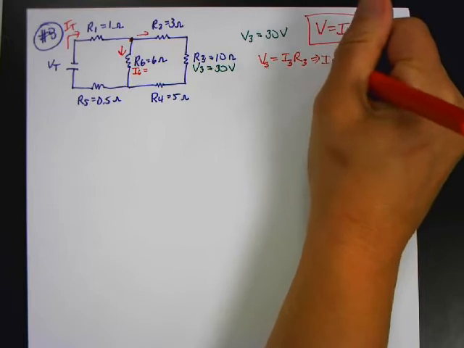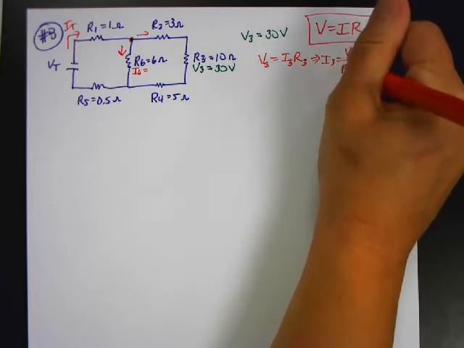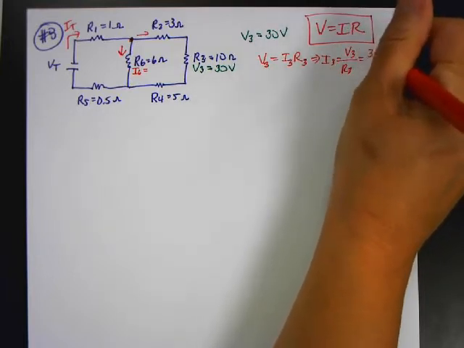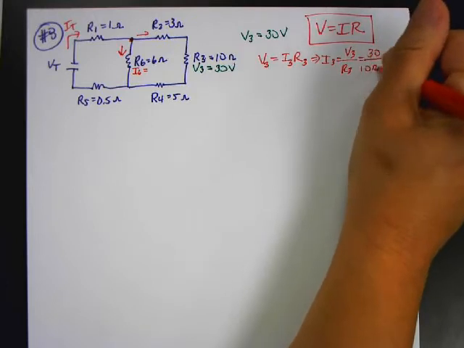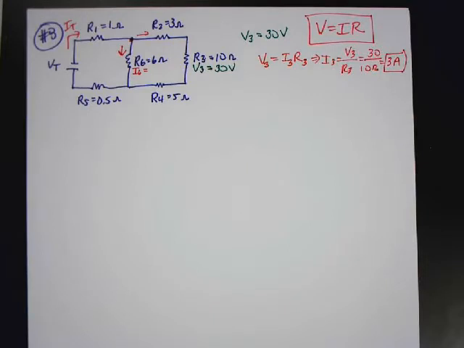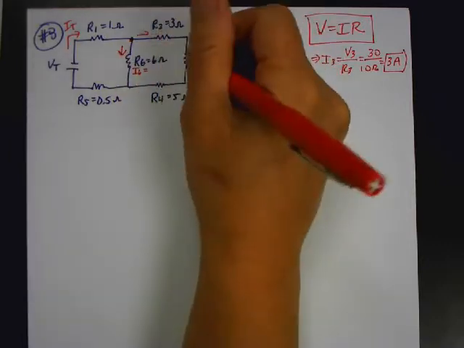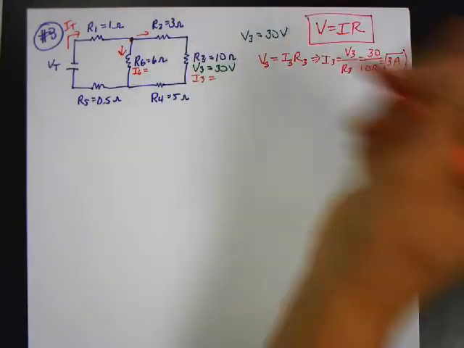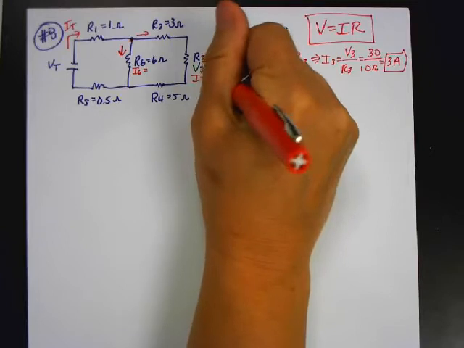So I3 is going to be V3 over R3. It's 30 volts divided by 10 ohms, which is 3 amps. In this problem, most of the math you can do in your head. You don't even need a calculator. Okay? So now I know that this I3 is equal to 3 amps. That's what I just found out.